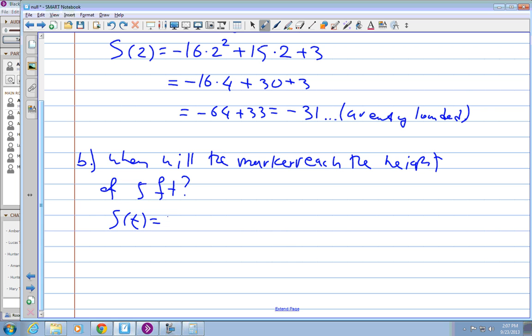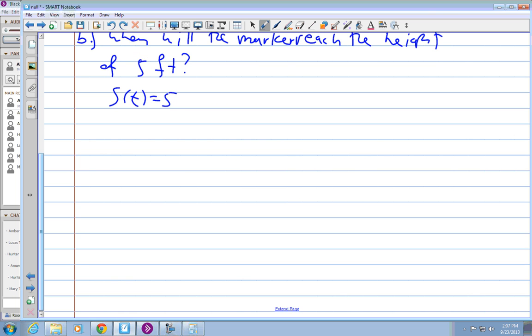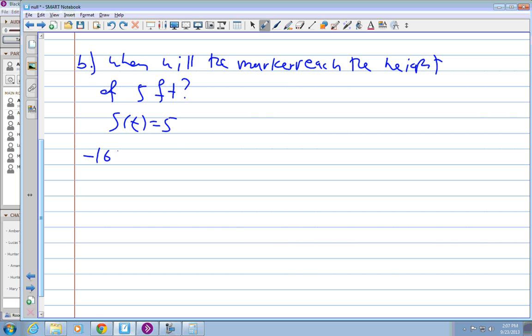S of t equals 5. So for us, it is negative 16t squared plus 15t plus 3 equals 5. Can we solve that equation? That's a quadratic equation, right? So subtract 5 from both sides, so it's negative 16t squared plus 15t minus 2 equals 0.